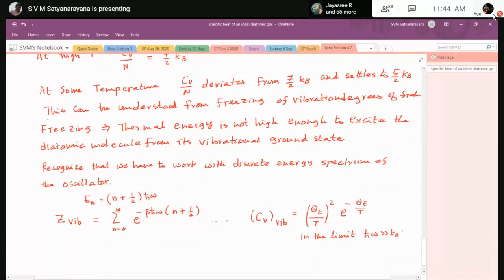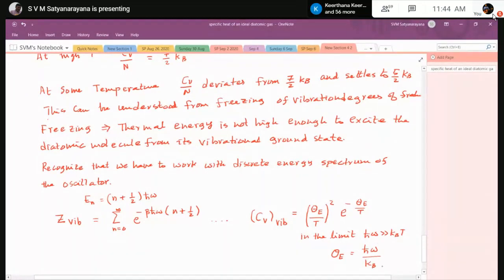In this limit, theta_E is what is called the Einstein temperature, given by h bar omega by the Boltzmann constant k.